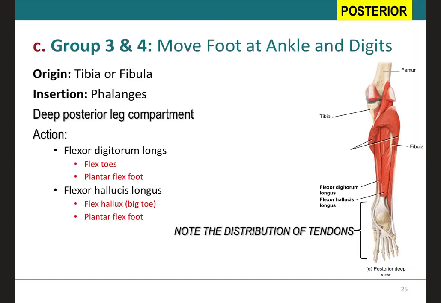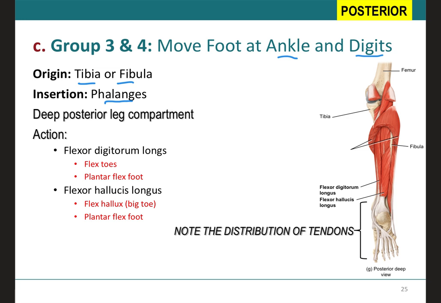On the posterior side, we have muscles that will move the foot at the ankle and also the digits. This means that they will insert on the phalanges to be able to move the digits, and they will originate either on the tibia or the fibula. Let's start with the ones that are located posteriorly.